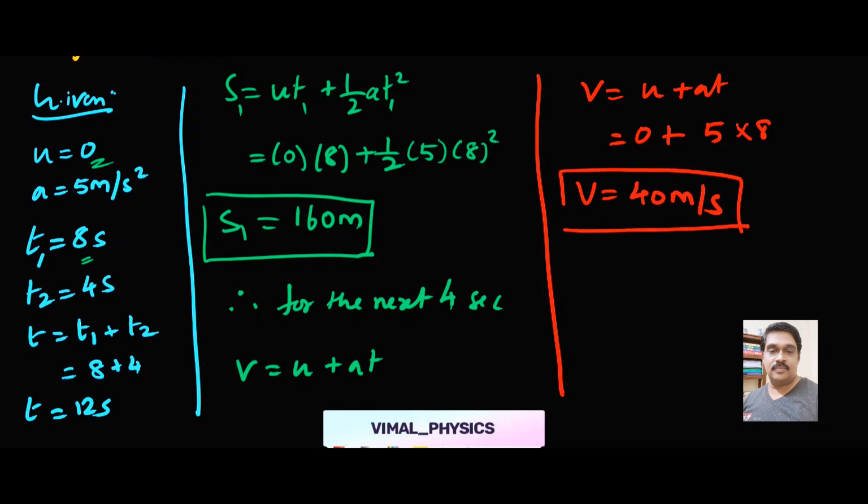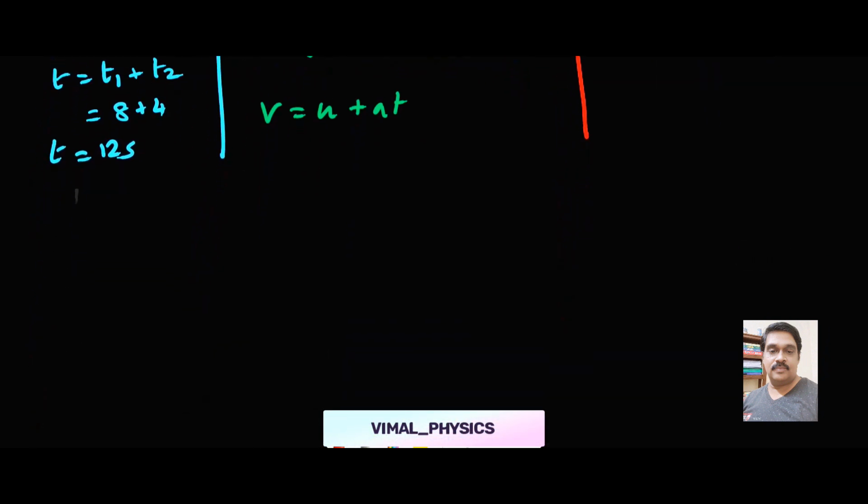The next part is for the remaining 4 seconds. For this, I am using the formula velocity is equal to displacement by time, v is equal to s by t. Here the second displacement is s2 by t2, where the time taken t2 is 4 seconds.